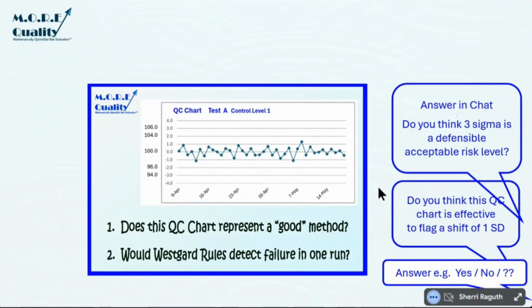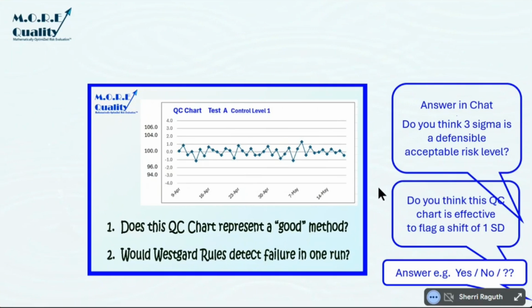When we brought it over to labs, it became common practice to say, well, labs tend to get about 3 sigma, so we're going to say 3 sigma is acceptable for labs. But is that a defensible, acceptable risk level? Is there any science behind the concept that 3 sigma is acceptable for labs?